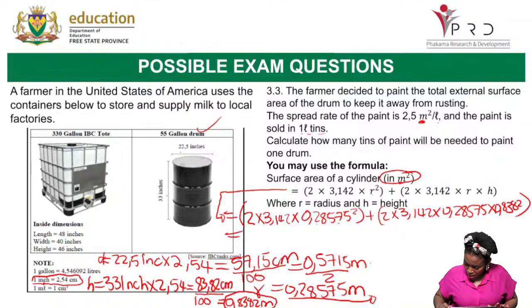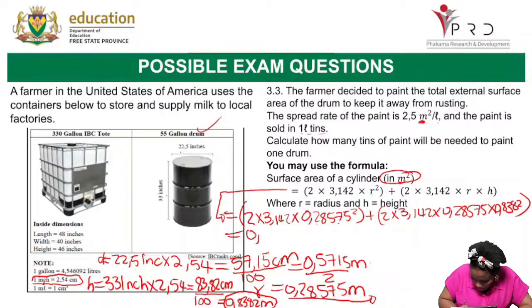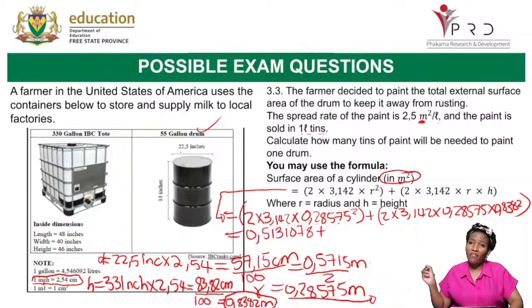Multiply that by 0.28575. It must be squared. And then the answer is 0.5131078. I'm writing all the values because I'll only round off at the final answer.